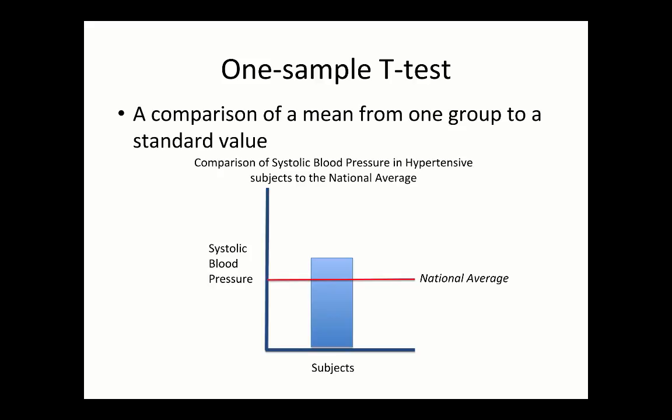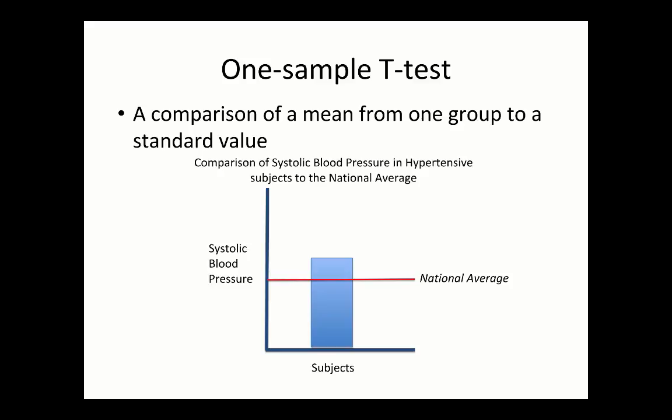The alternative hypothesis is that the average systolic blood pressure in hypertensive patients is not the same as the national average. Assume that we set our alpha at 0.05. This means we need a p-value less than our alpha to reject the null hypothesis. Remember this mnemonic. If the p is low, the null has got to go.